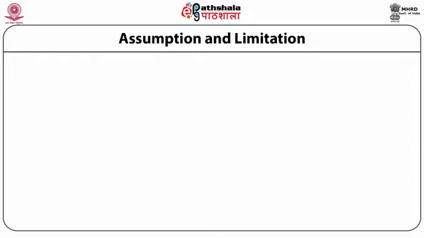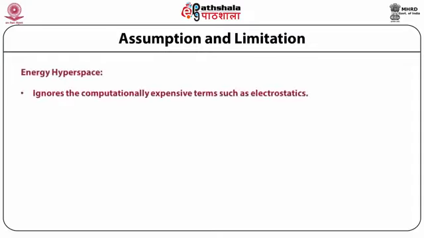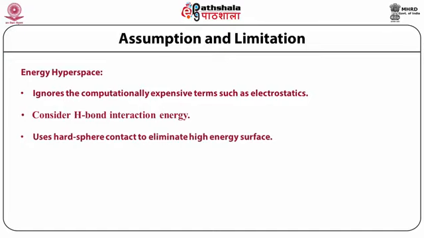we have considered an energy hyperspace. So we never consider some of these large terms like electrostatic calculations. It's a huge interaction. Most often we consider only hydrogen bond interaction, and we eliminate whenever there is a high energy surface.